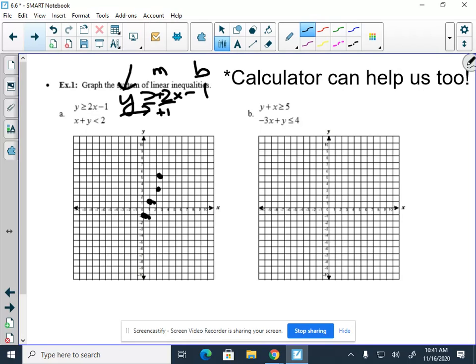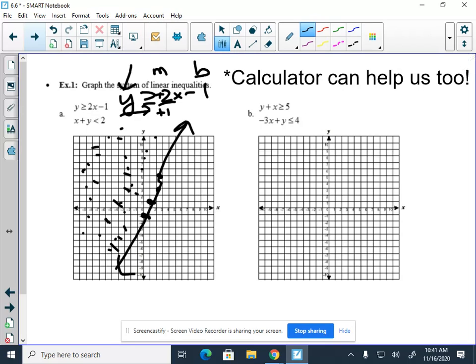But it's y is greater than or equal to, so first we need a solid line, and then we would shade above, but what I'm going to ask you to do is shade lightly. So I'm going to indicate shading lightly just by putting some dots here. Anything above this line would be the solution to that one. That's what we did last week.